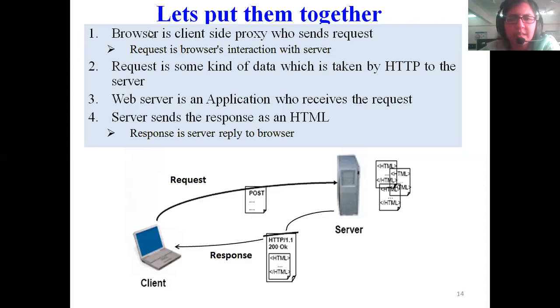The request is some kind of data that is taken up by HTTP, and then it goes off to the server. The web server is an application which receives the particular request, and the server sends the response back in terms of an HTML page.